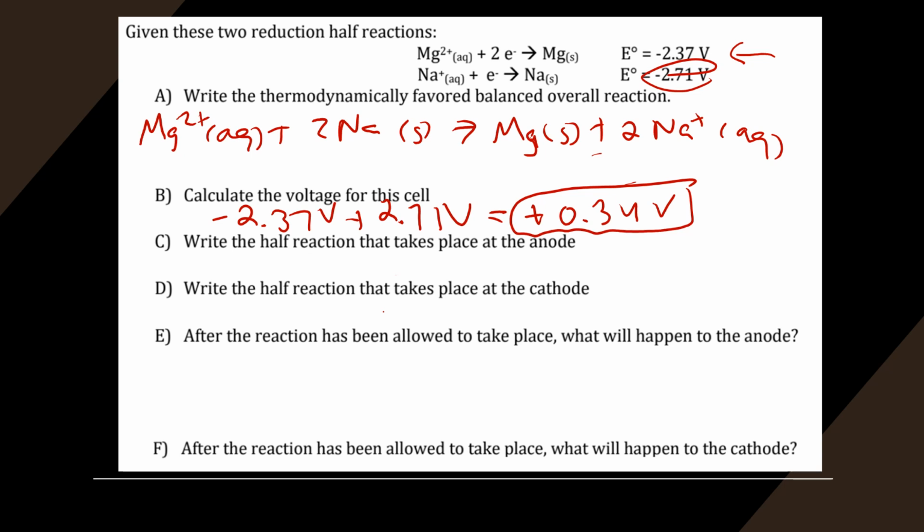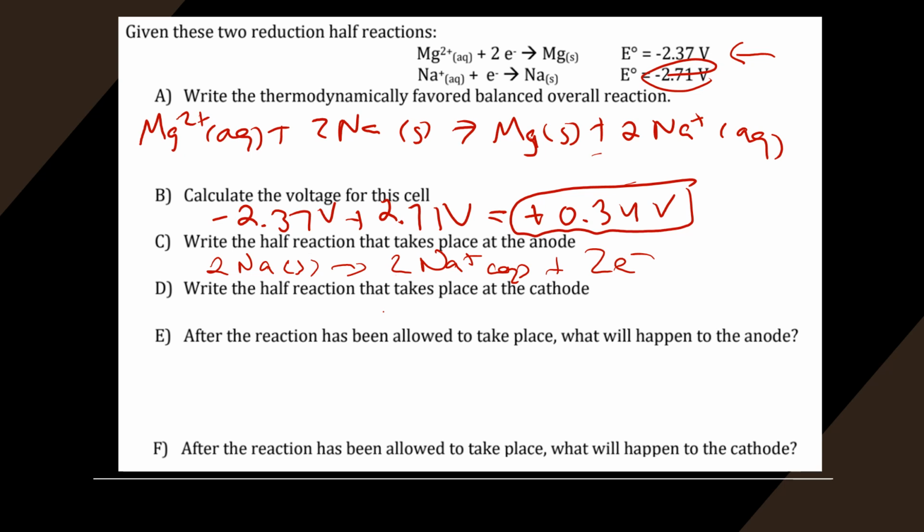Write the reaction that occurs at the anode. The anode is where you have oxidation. So of the two, which is the oxidizing one? It's going to be 2Na solid produces 2Na plus aqueous plus 2 electrons.